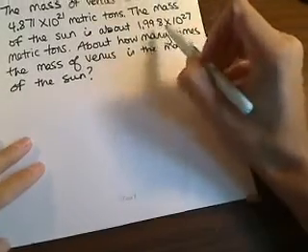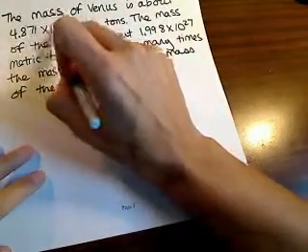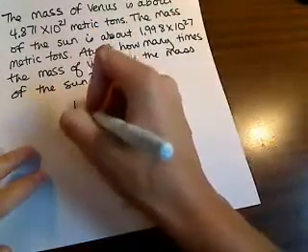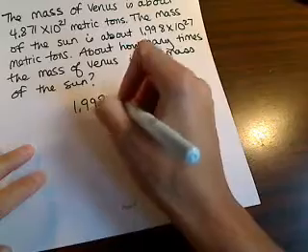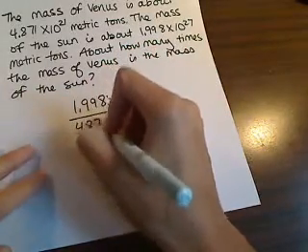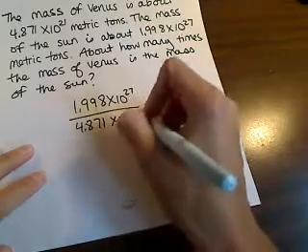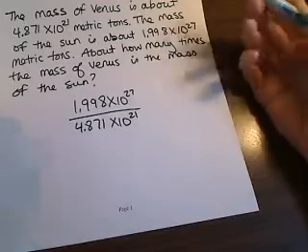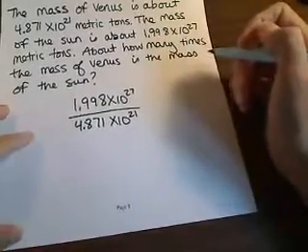Okay, so this is really just a division problem. If the Sun is this much, and Venus is this much, if I take this 1.998 times 10 to the 27th, and divide it by the 4.871 times 10 to the 21, then I'll be able to figure out how many Venuses there are in the Sun, essentially.